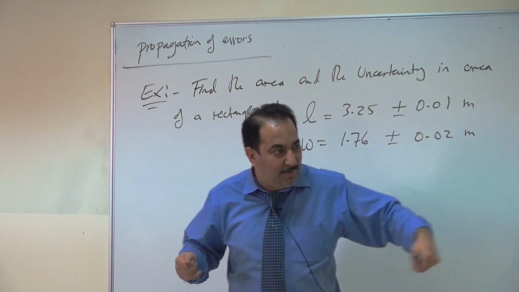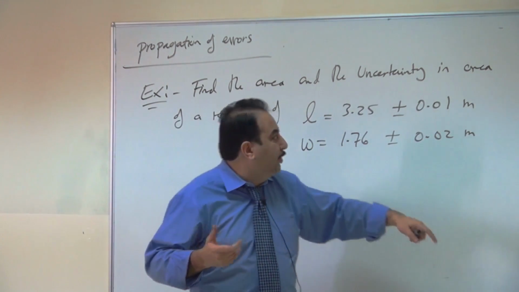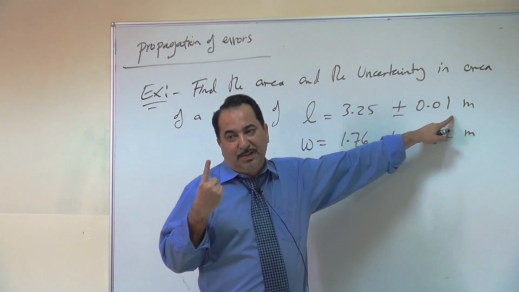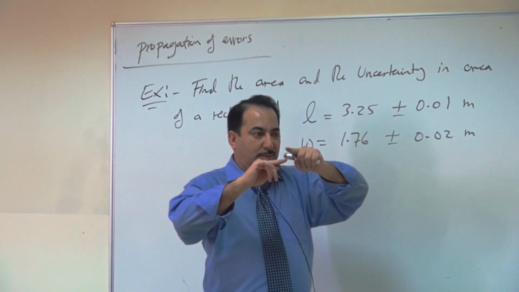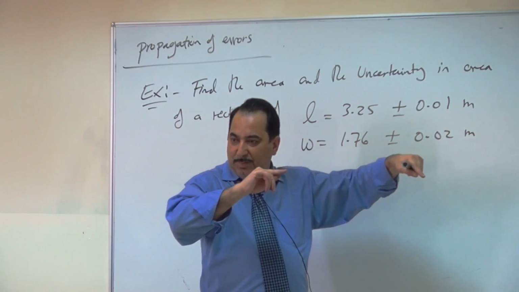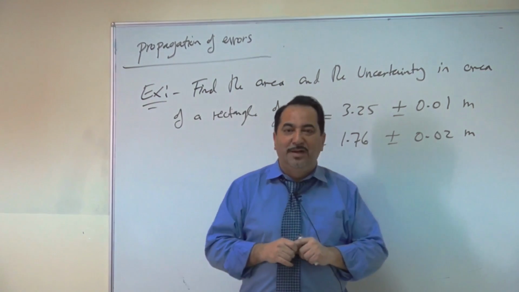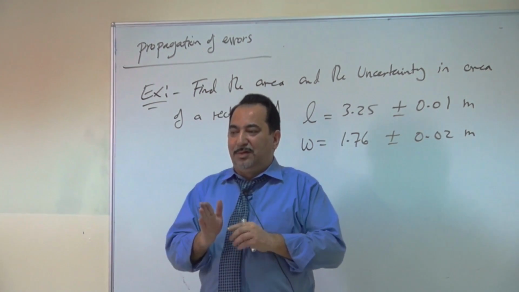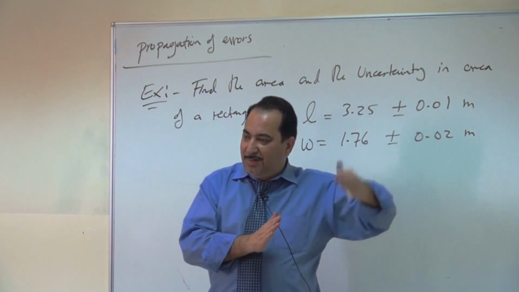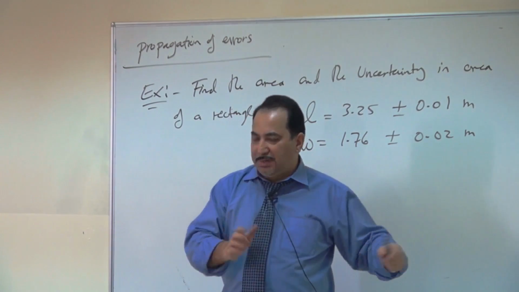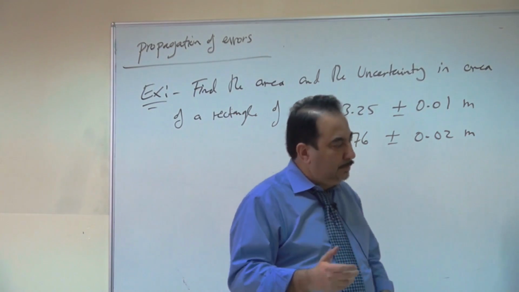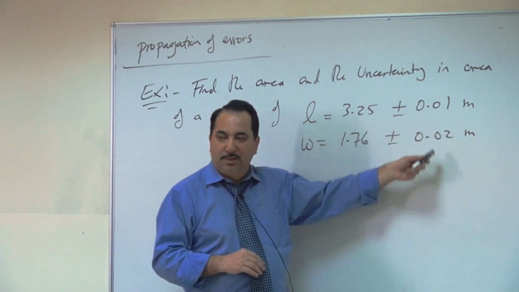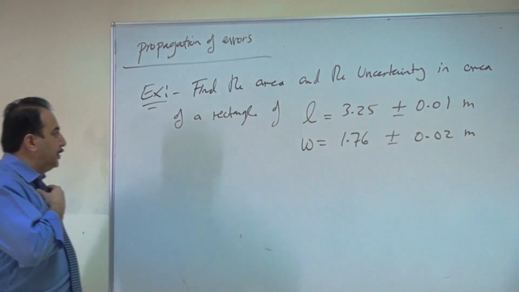When you measured the length, you had a measuring tape with an error of 1 centimeter, which means it shows 0, 1, 2, 3, 4, 5 centimeters. But the second one shows 0, 2, 4, 6, 8. Possibly you changed the tool. That's why you have differences in the uncertainty.